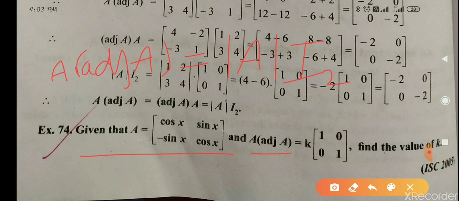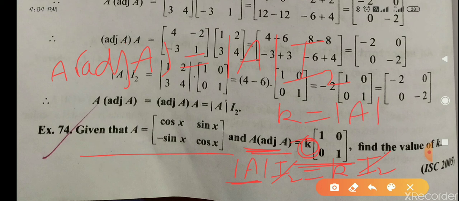So K is determinant A, because this is equal to determinant A I2. I2 cancelled, so K equals determinant A.